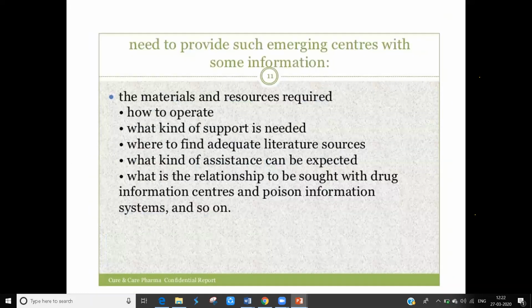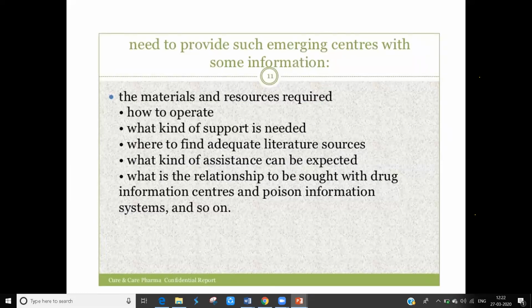Emerging centers need more information, especially materials and resources. There are many procedures, like how to operate a pharmacovigilance center, what kind of support is needed, and where to find adequate literature sources.